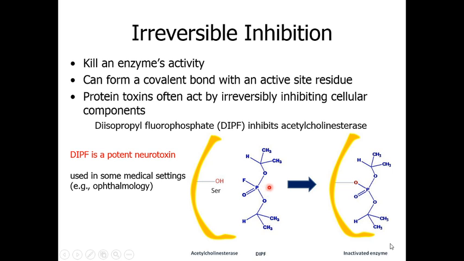Phosphorus being an electrophilic center, the hydroxyl attacks this phosphorus, and as a result fluorine leaves. If you were to write a mechanism for this, you could write it this way. So it attacks and fluorine leaves, and you are left with the enzyme-inhibitor complex. This is an inactivated enzyme.